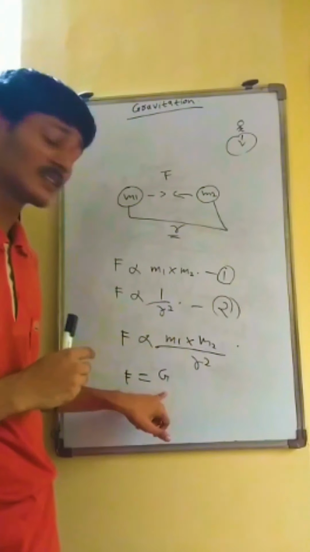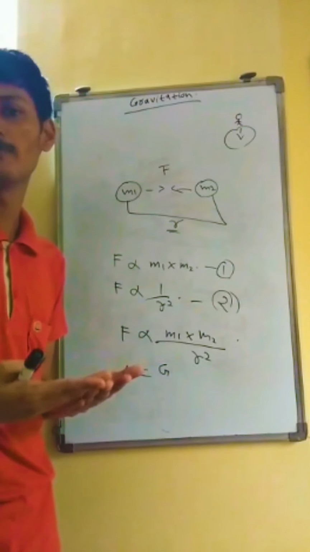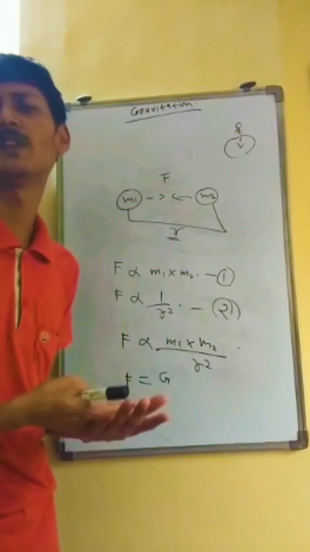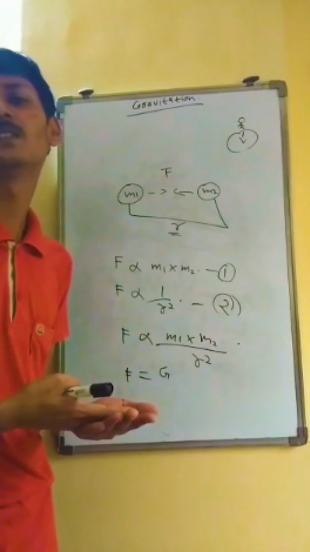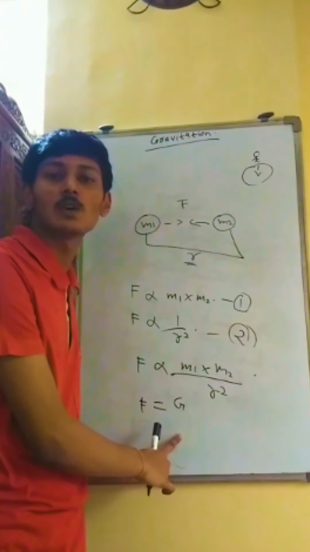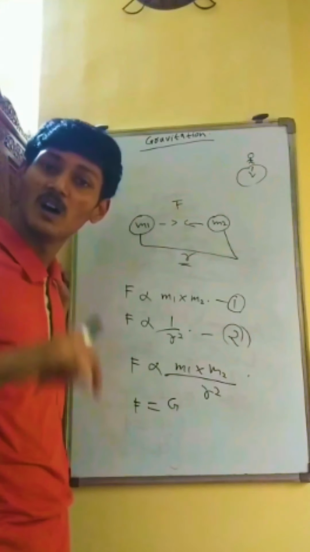This is not mentioned in the textbook. See, every planet has a different kind of gravitational force. The Sun has a different gravitational pull, Earth has a different gravitational pull, Moon has a different gravitational pull. So the universal gravitational constant which we are using indicates the gravitational pull of Earth.